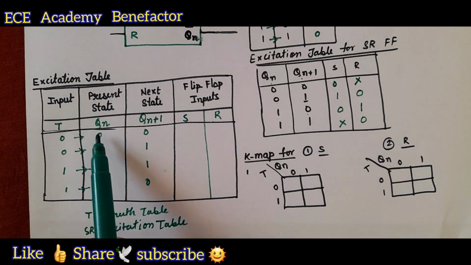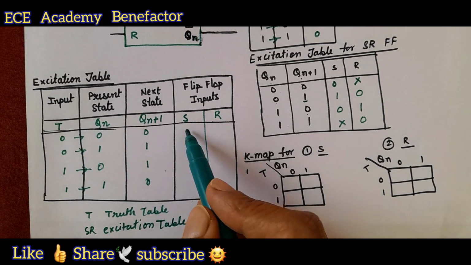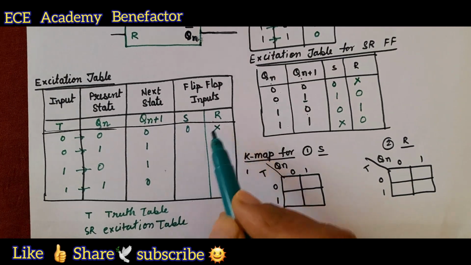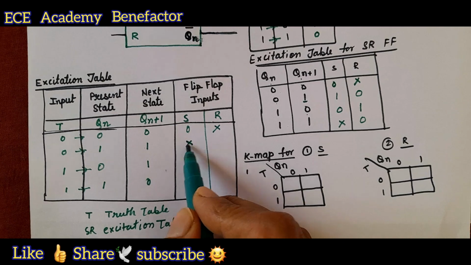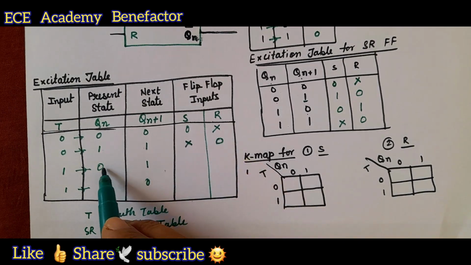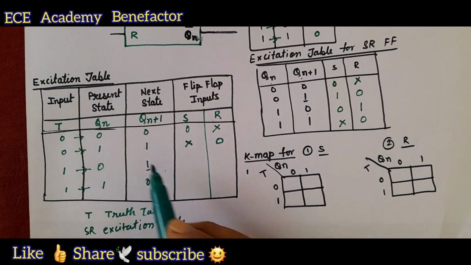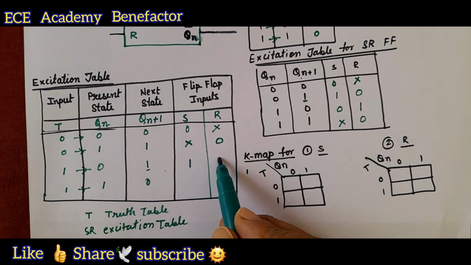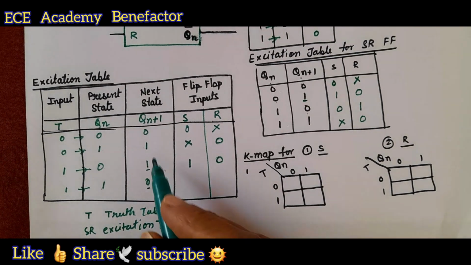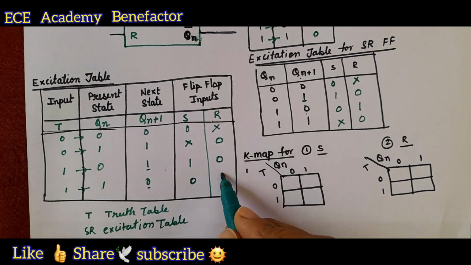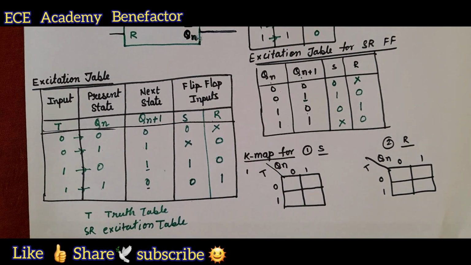Now let us see, for 0 0, SR will be 0 x. For 1 1, it will be x 0. For 0 1, that is Qn plus 1 is 1, so it will become 1 0. For 1 0, Qn plus 1 is 0, so it will become 0 1. In this way we can complete the SR flip-flop inputs.